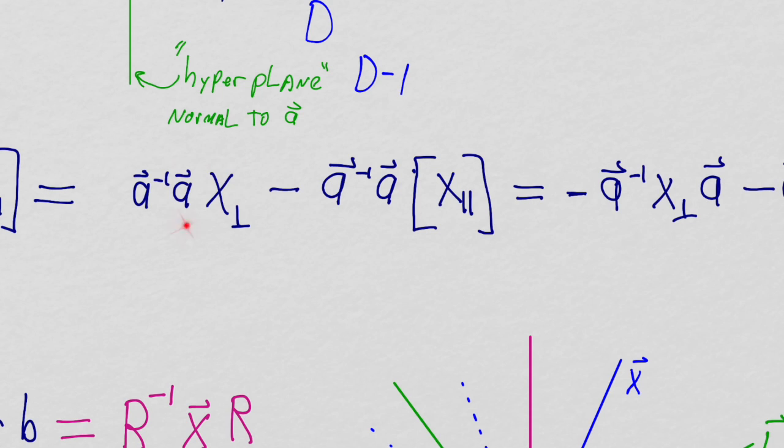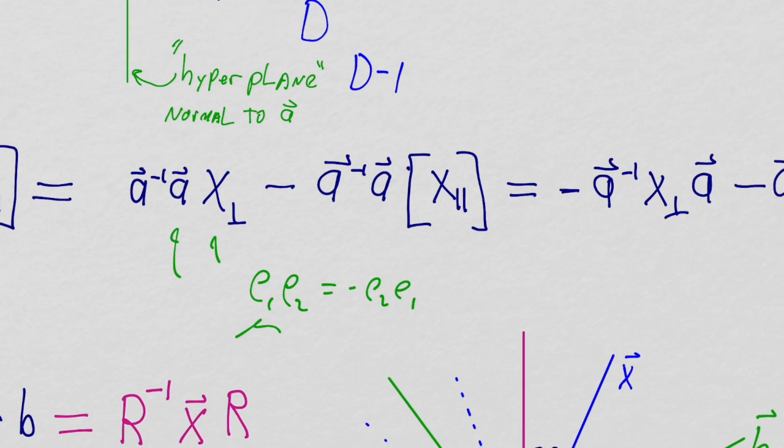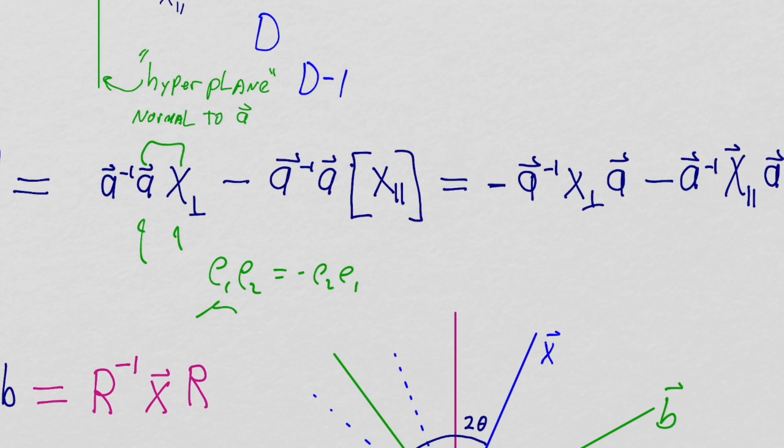The perpendicular part anti-commutes with A. It anti-commutes with A, right? So yeah, perpendicular vectors, just like unit vectors, we do this all the time. e1 e2 equals minus e2 e1. Well, A and X perpendicular are perpendicular to each other, just like these unit vectors, so they anti-commute. So when I reverse their order, like I do here, I pick up this minus sign.